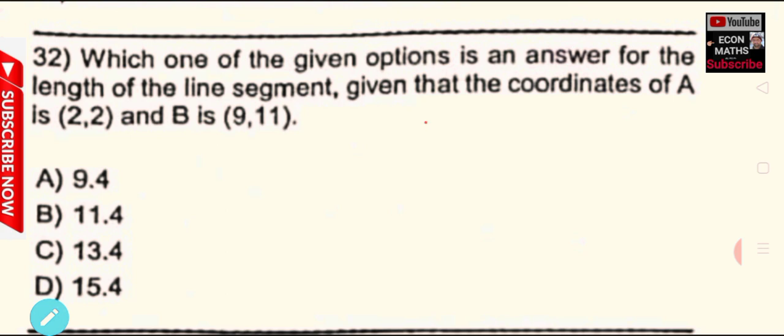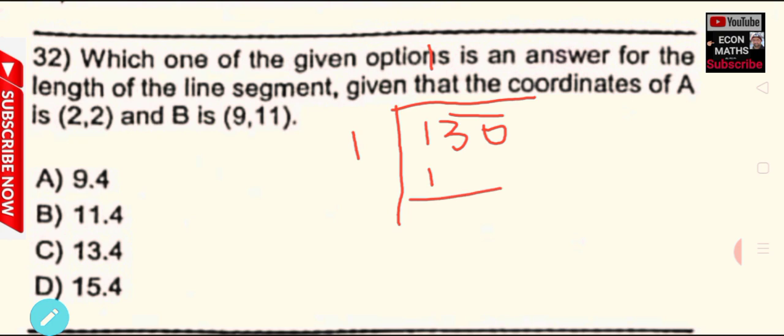The square root of 130 is found by forming pairs from the units place. Here we take this 1. Now 1 ones are 1. Now we subtract, here it is 0. Here this 30 comes down. Here 1 becomes 2.